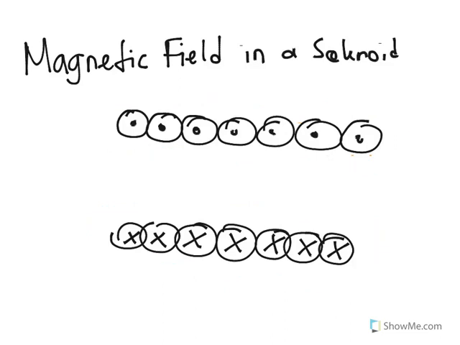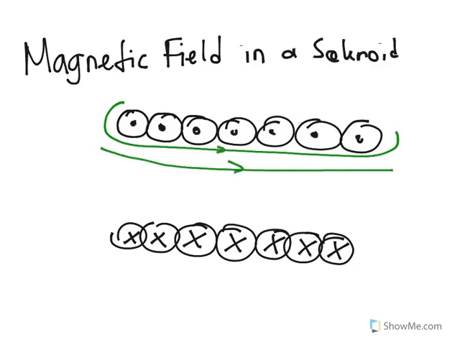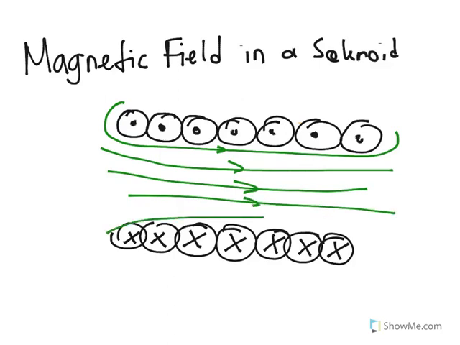So what the magnetic field looks like inside is something like this, right? And we're going to have a lot of magnetic field inside of the solenoid.